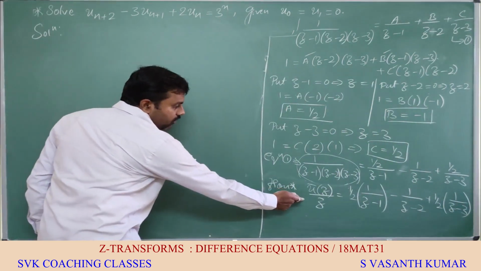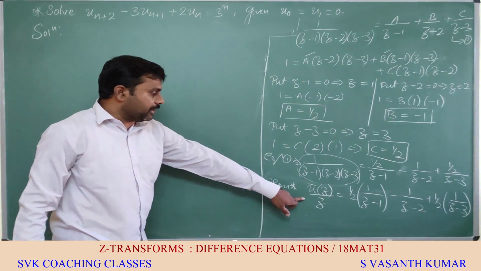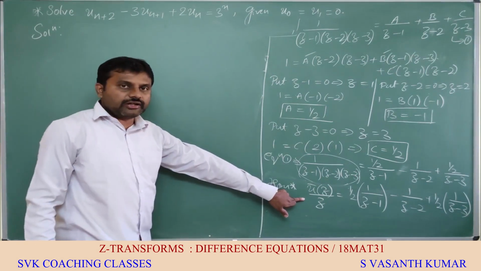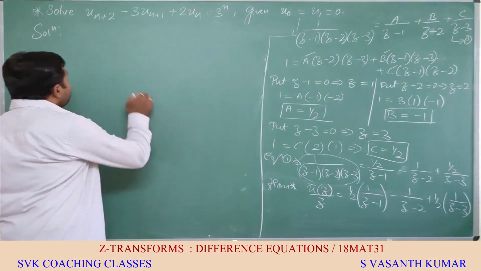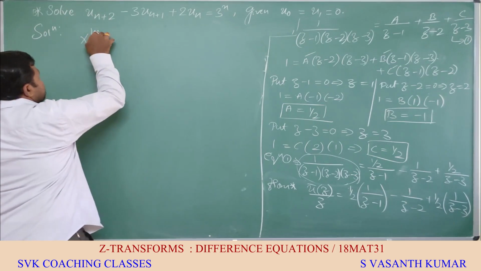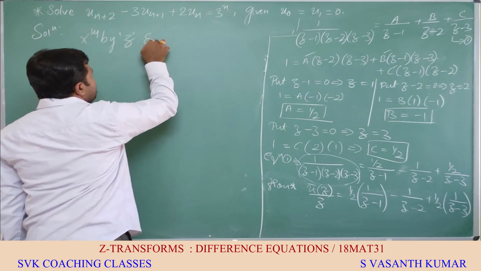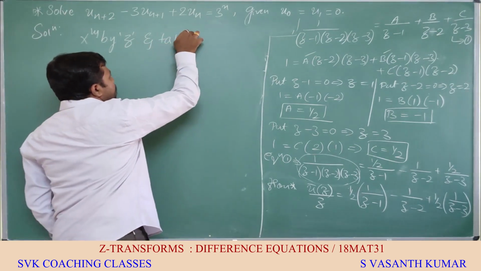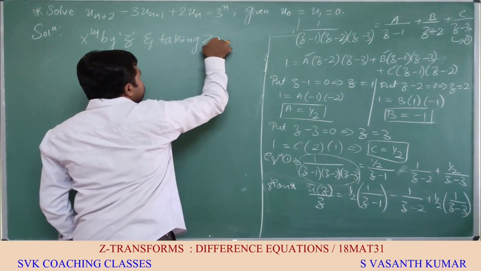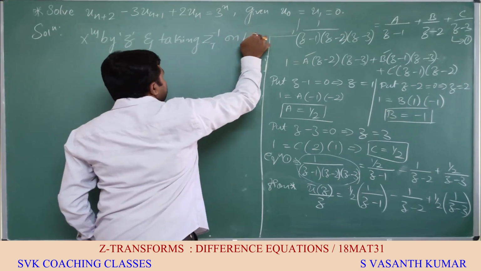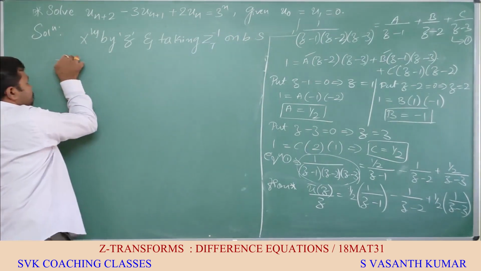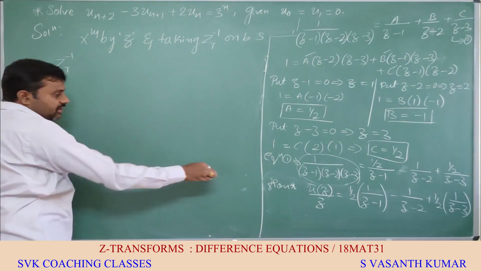So now for this equation, I am going to multiply by z and take ZT inverse on both sides. ZT inverse of z by z gets cancelled.